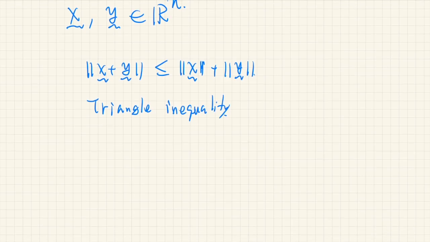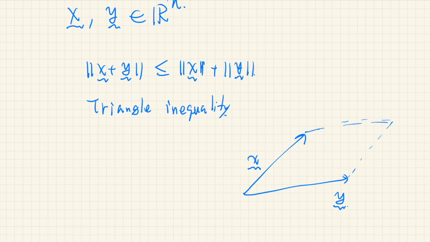Because as we have learned before, let's say this is vector x in any dimension, and this is vector y. If we add these two vectors, we make the parallelogram.